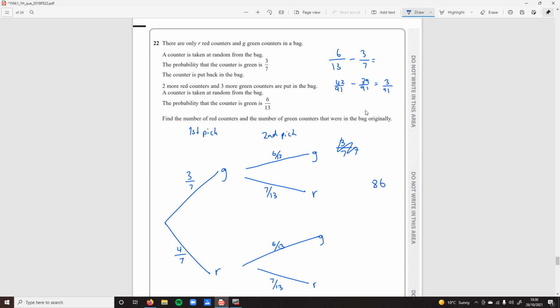The probability that the counter is green is 3/7. The counter's put back in the bag. We have 18 over 91, 21 over 91, 24 over 91, and 28 over 91.